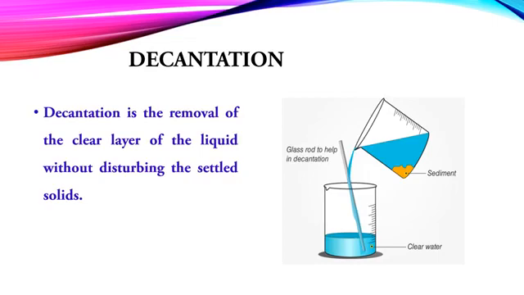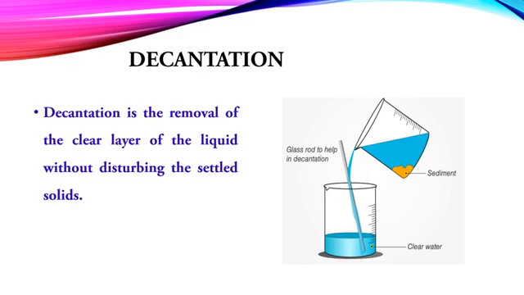There are some mixtures which contain insoluble solid particles suspended in a liquid. The solid particles which are insoluble in a liquid can be separated by decantation. A mixture of sand and water contains sand particles suspended in water.